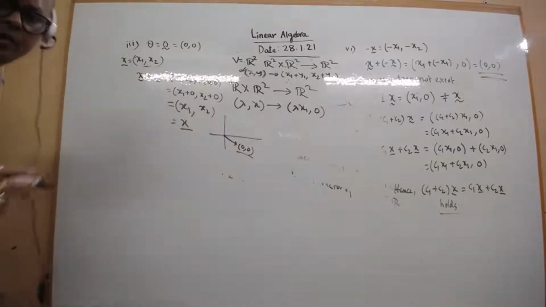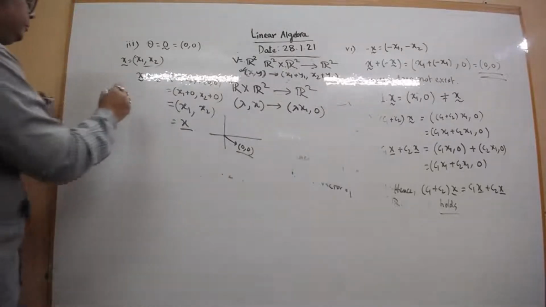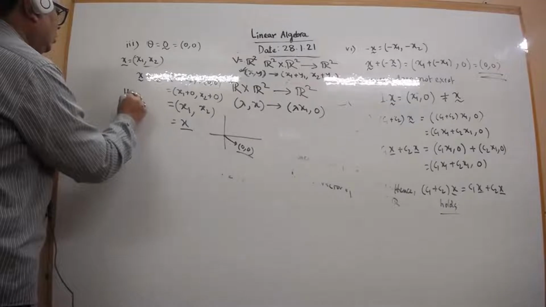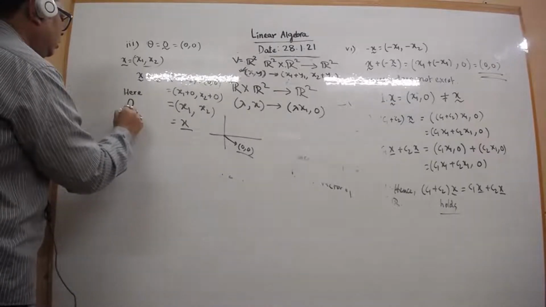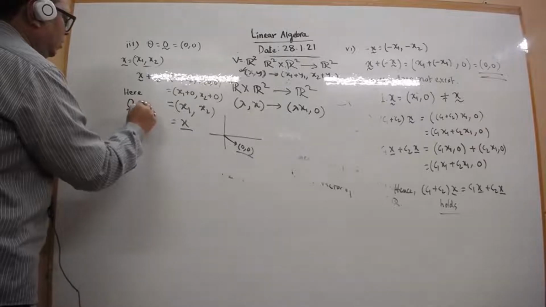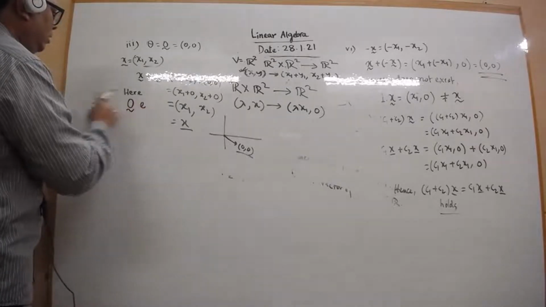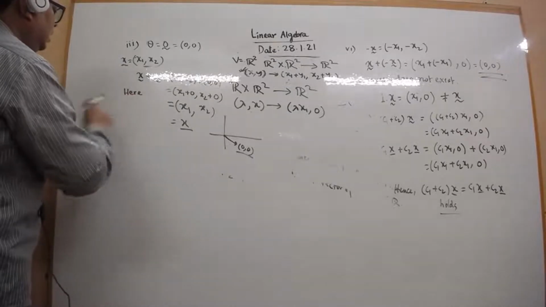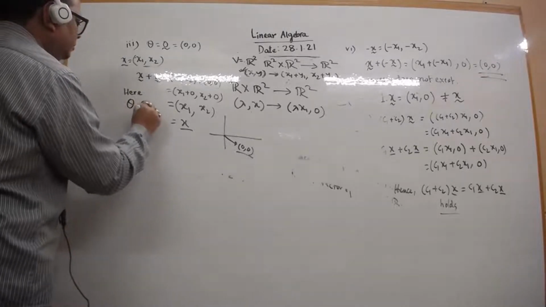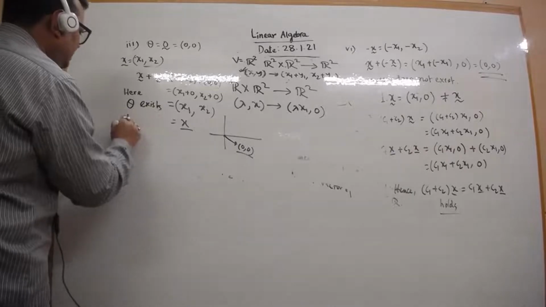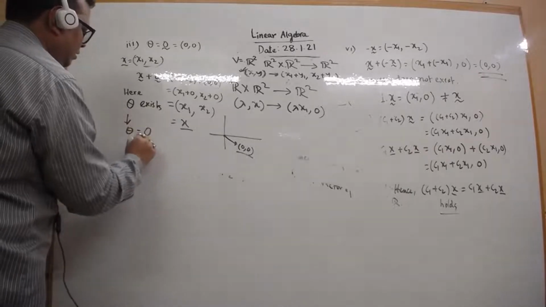Hence the null element exists. It is better to write theta curl. The null element theta exists, and theta is 0 curl.